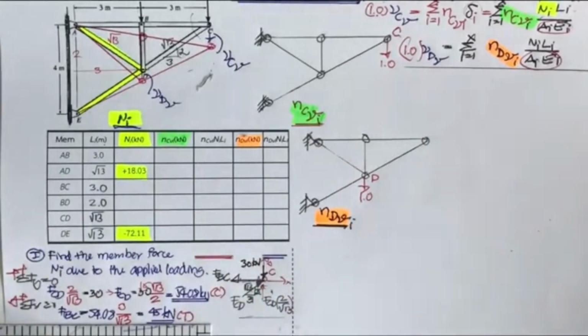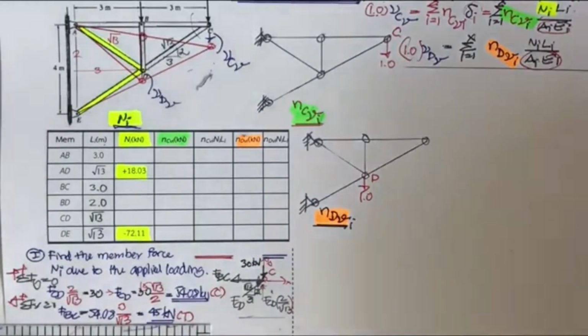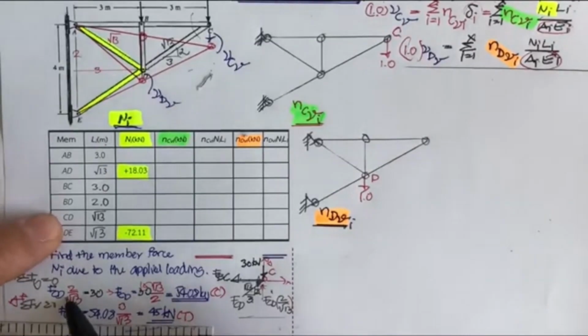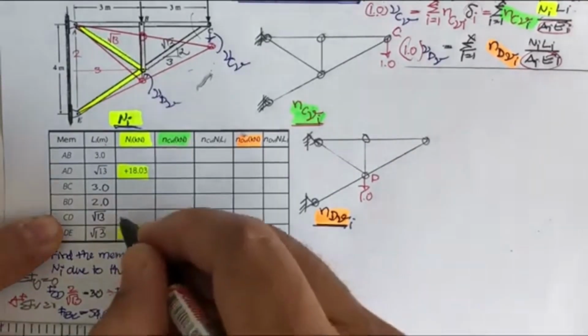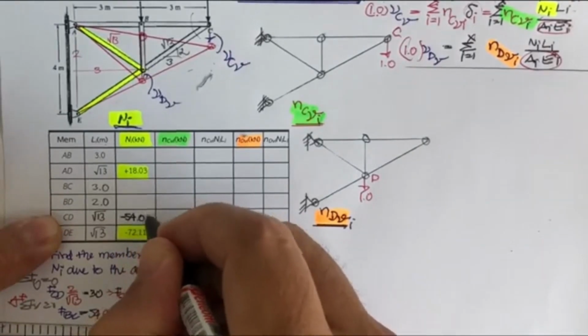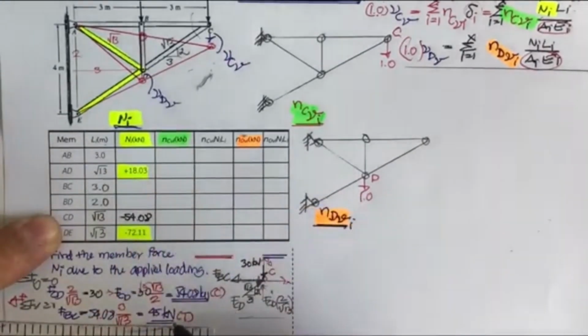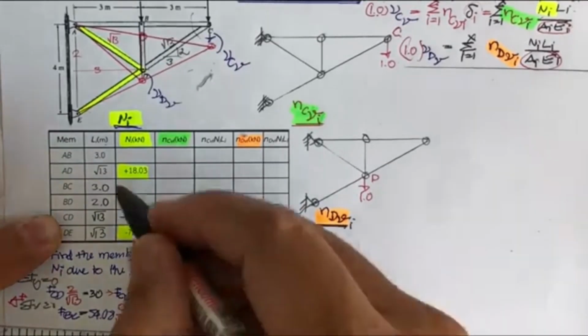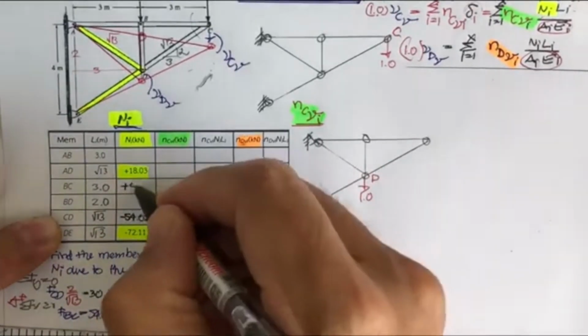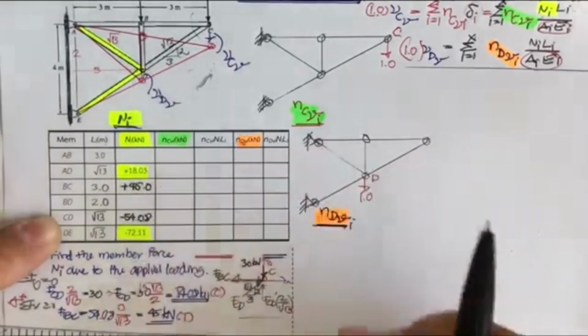Then you may put it in here. CD is compression, minus 54.08, and for BC, 45.0, plus for tension.